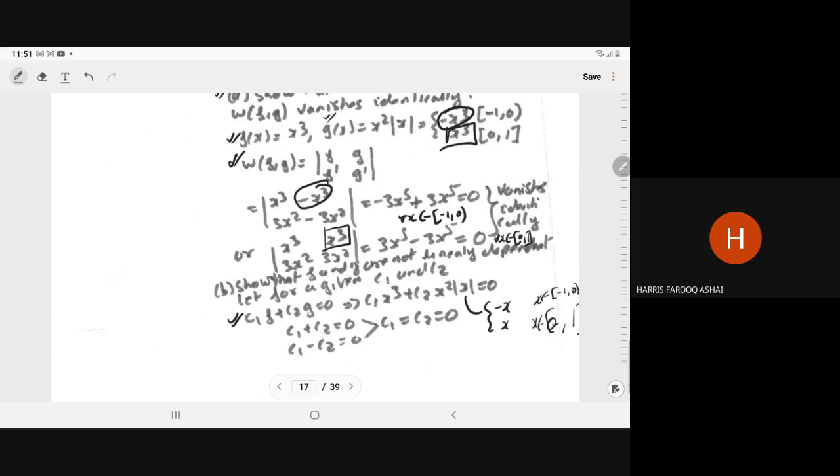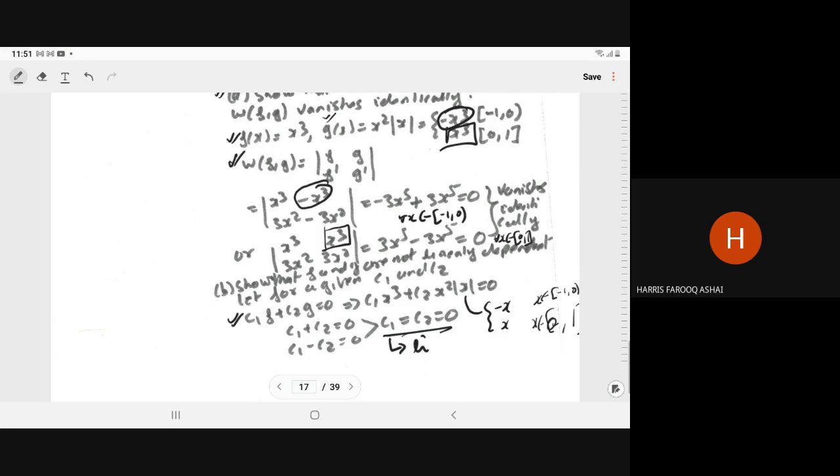Clear? So this will become C1 plus C2 is equal to 0, C1 minus C2 is equal to 0. So it will give you C1 is equal to C2 is equal to 0, which implies LI. Sir, can you repeat part B?